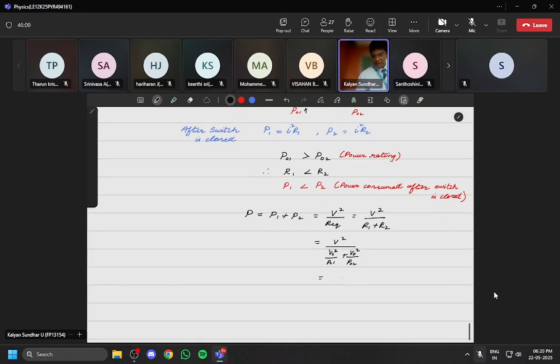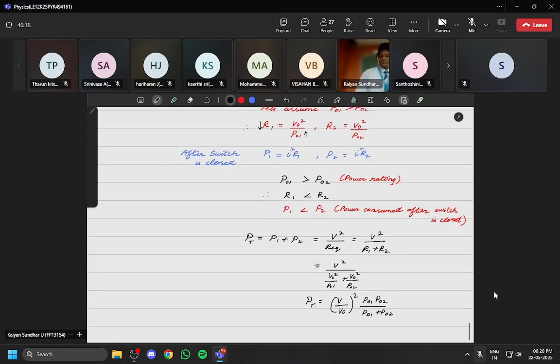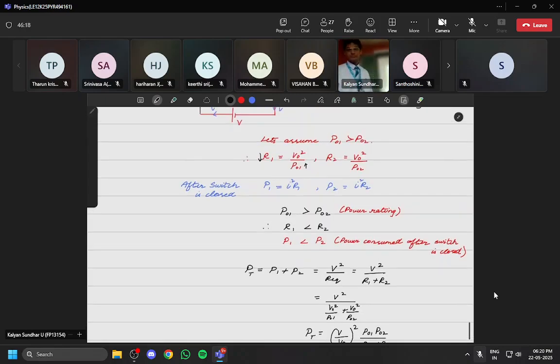Which will be equal to யாரை காமன் எடுக்கலாம், V square divided by P naught to the power whole square will be equal to P01 P02 divided by P01 plus P02. So this is going to be a total power. Right. Your external volt is being connected with, if both are being same.